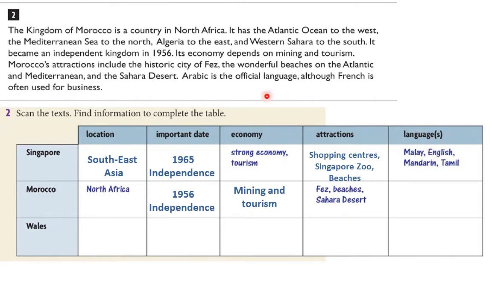Regarding the language, we can see here Arabic is the official language, although French is often used for business. So Arabic and French. So now we finished paragraph 2. Let's go to paragraph 3 regarding Wales.